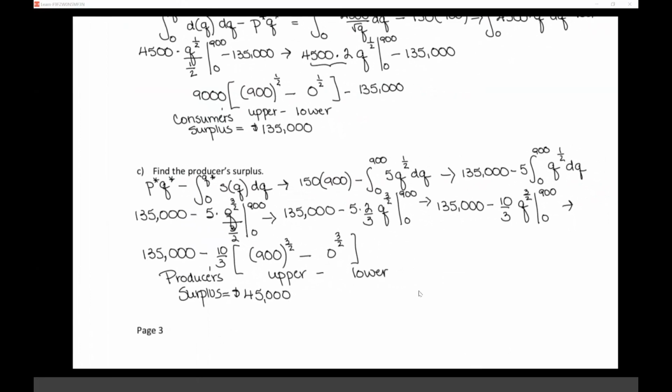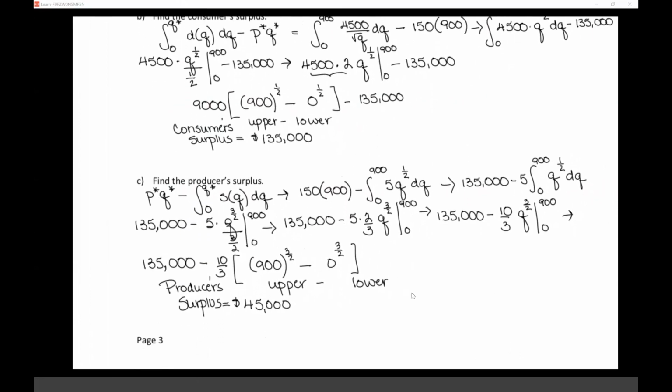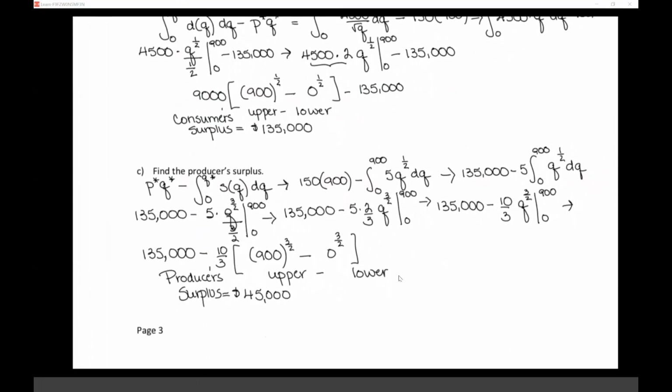Anybody got questions on anything in this problem? Pretty much all we're doing is taking what we already know about definite integrals and applying it to find the area between these two curves. So we're not really learning anything new about calculus, but maybe we're learning something new about economics and how to apply it.